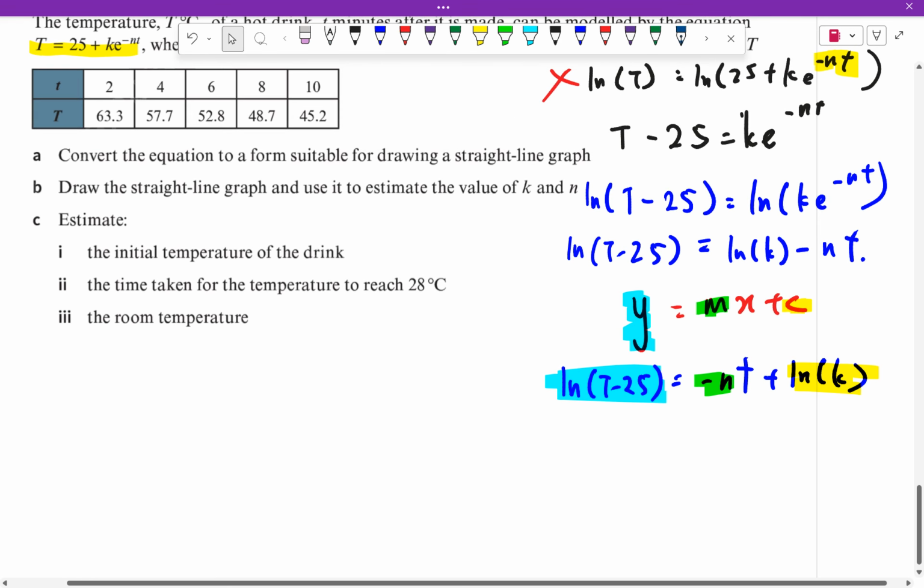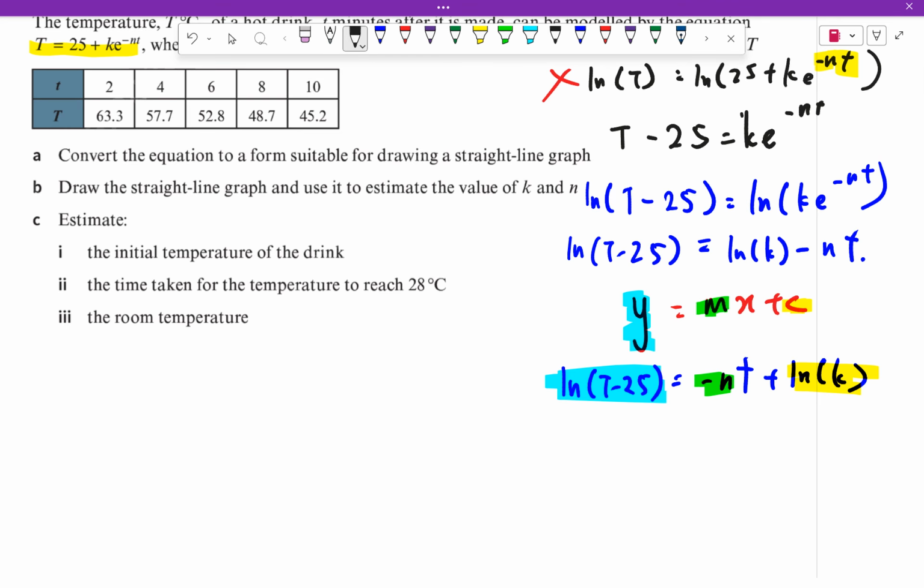But before I sketch it, I just remembered, whoopsie, n is a constant we are still to figure out. But our y itself is affected, right? So our y becomes ln of t minus 25. So we subtract 25 from t, then take ln, and we do the same for all of them.